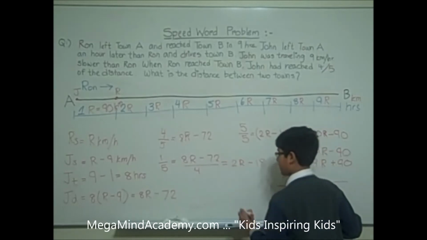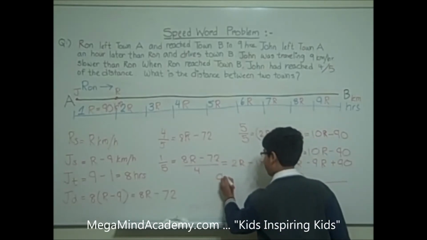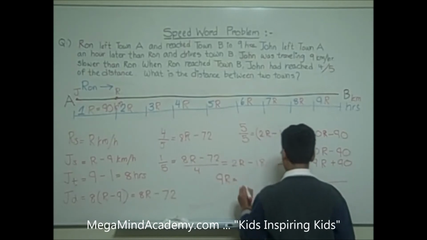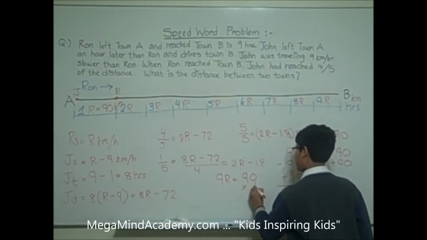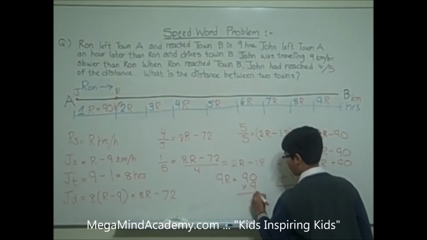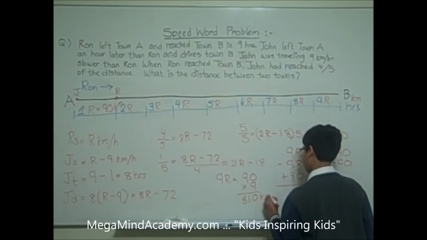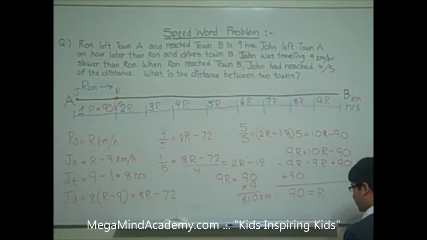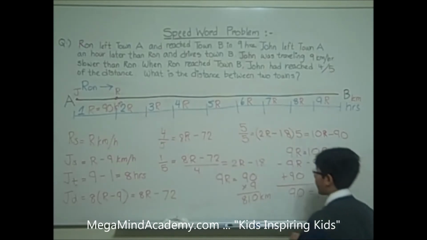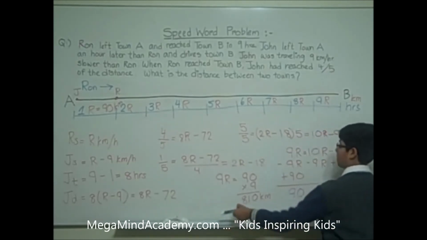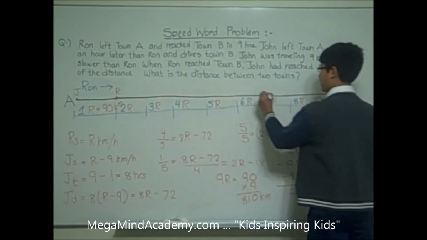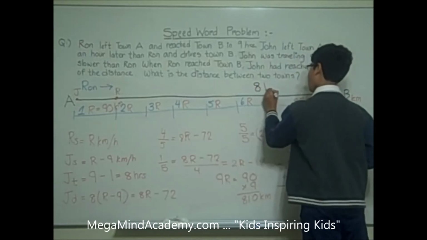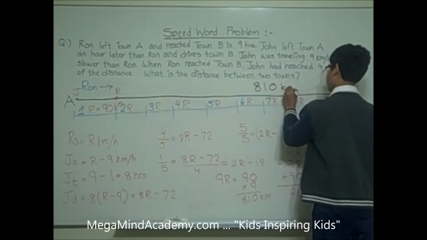So this means that 9R is equal to 90 times 9, which is equal to 810 kilometers. So the distance between the two towns is 810 kilometers.